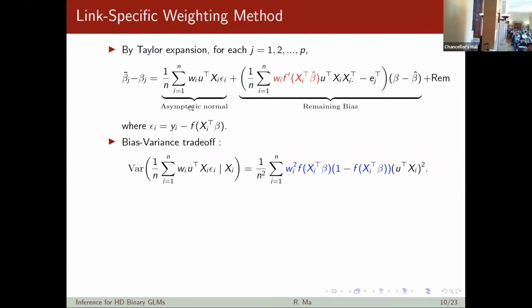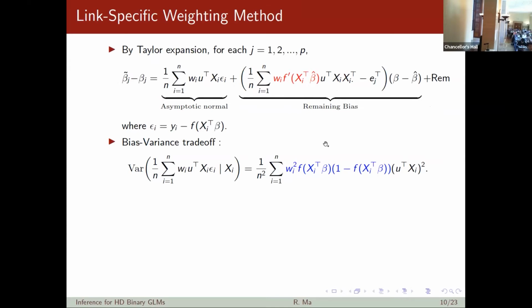We recognize that in this decomposition, the first term is an asymptotically normal term, which mainly contributes to the variability in the debiased estimator. Then we also have some remaining bias whose magnitude is driven by the quality of the initial lasso estimator, as well as our choice of W and u.